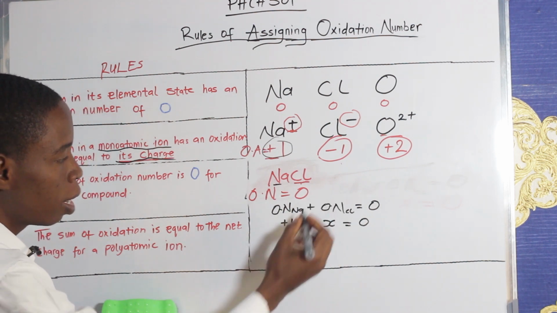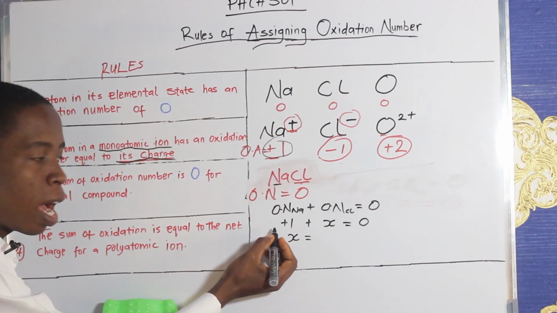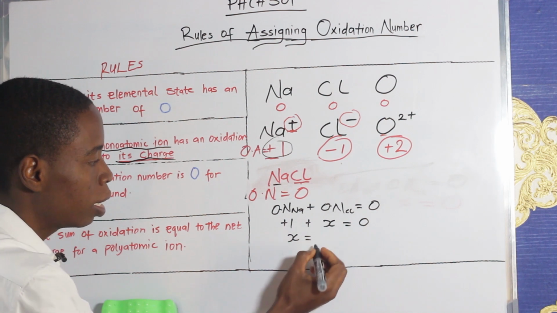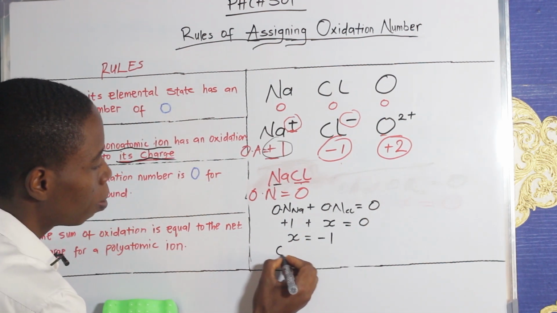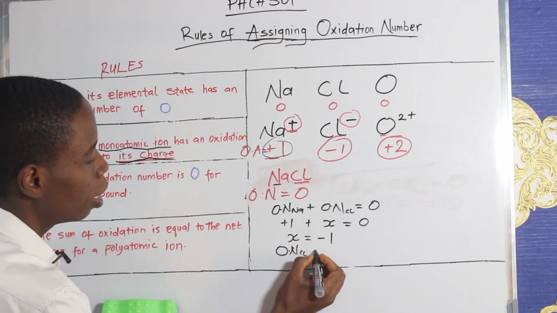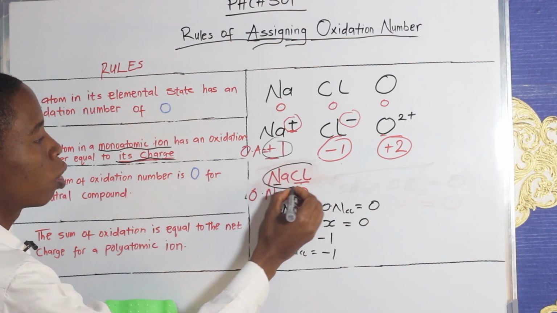That means X equals this plus 1, which as it moves across the equal sign becomes minus 1. So the oxidation number of chlorine is minus 1 in sodium chloride.